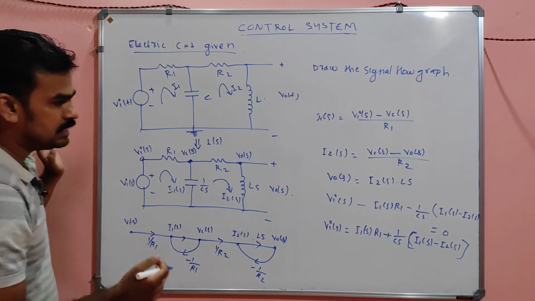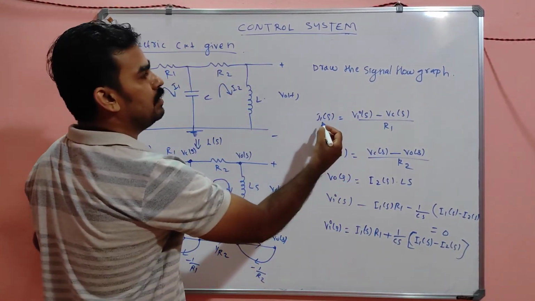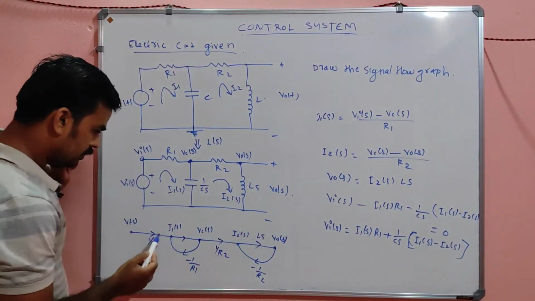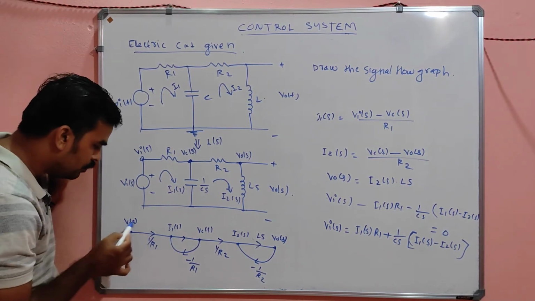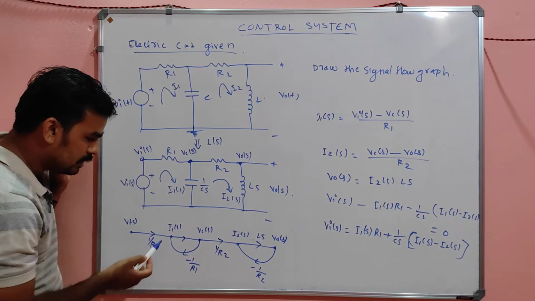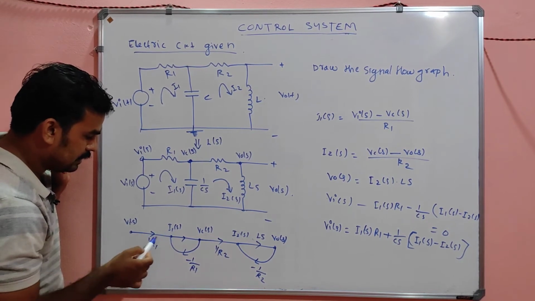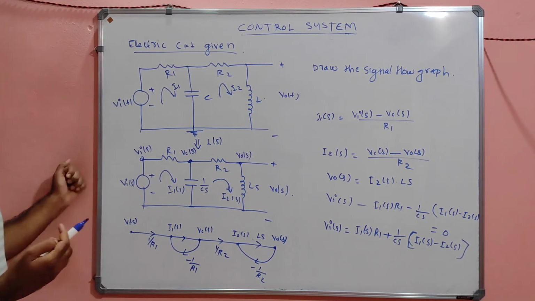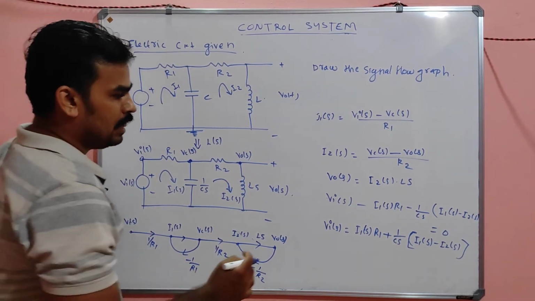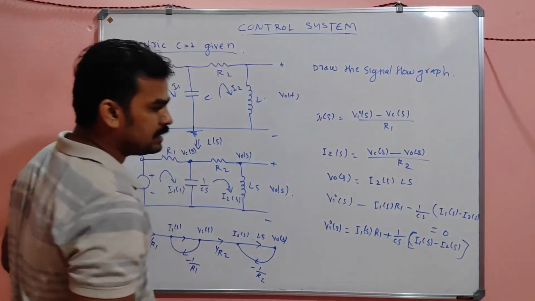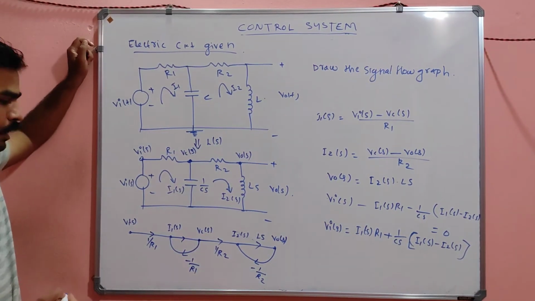So no need to reverse direction. And 1 by Cs into I1 of s minus I2 of s, my dear.